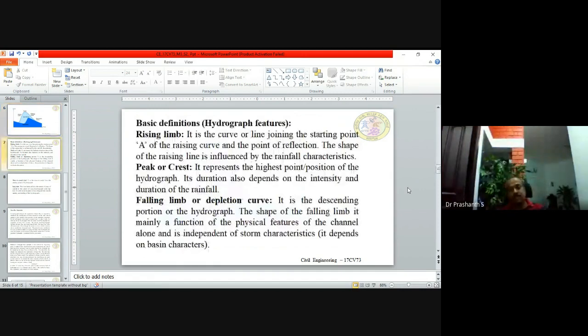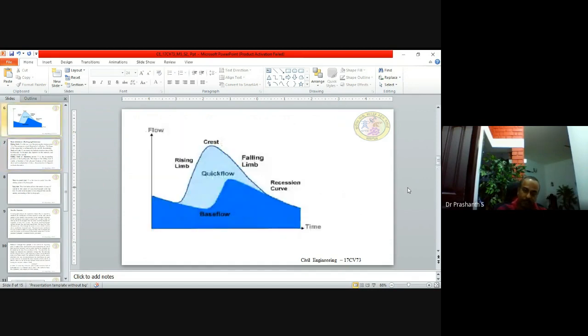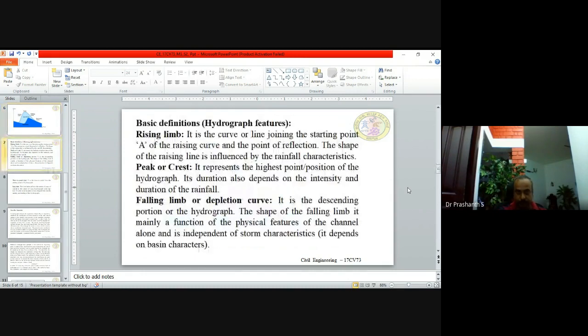The basic hydrograph features: first, the rising limb. I'll go back again to this one. The rising limb is where the curve starts going in the upward direction. What is it?